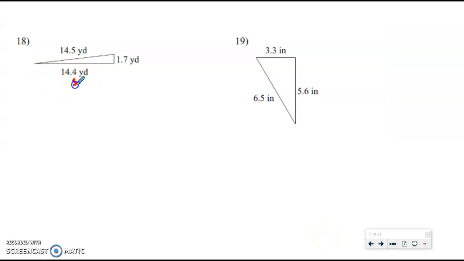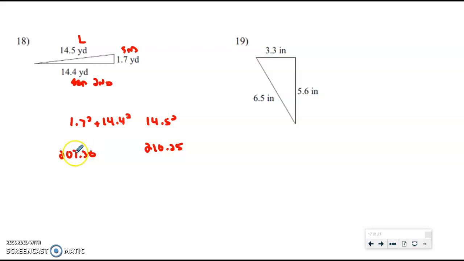So this is my smallest. No, sorry, that's not my smallest. This is my smallest, and then this is my second smallest, and this is my longest. So if I do 1.7 squared plus 14.4 squared, I am going to compare that to 14.5 squared. 14.5 squared is 210.25, and 14.4 squared is 207.36. And 1.7 squared is 2.89.